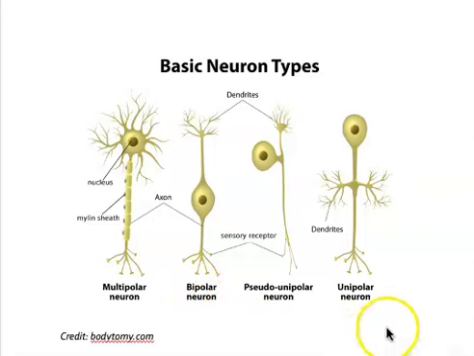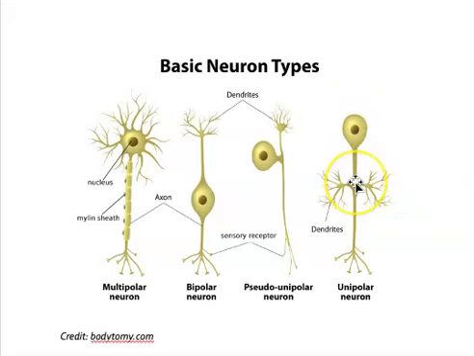Now, if you go over all the way to the right, you see a cell that looks even more unique. Here's the cell body of the neuron, and this time there's only one extension coming off. This is what we call a unipolar neuron. Now it's still going to have dendrites and an axon. They're just ordered differently here.